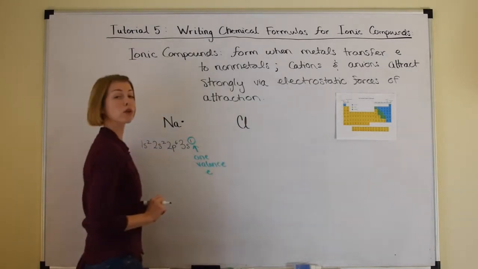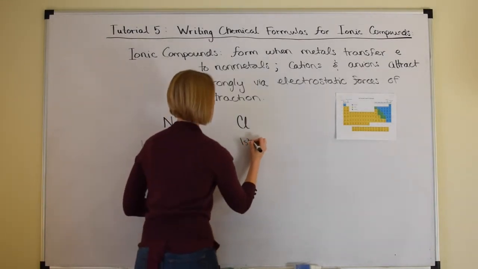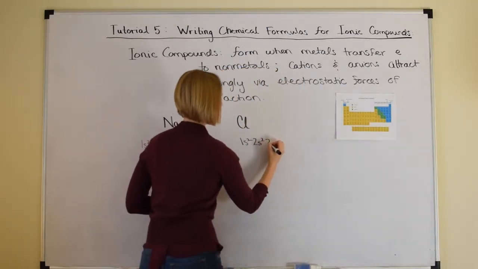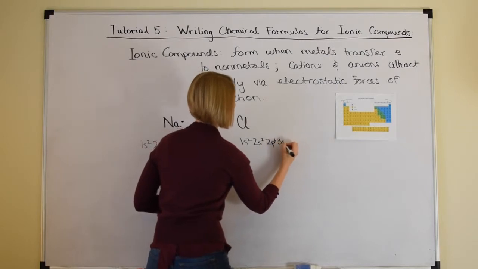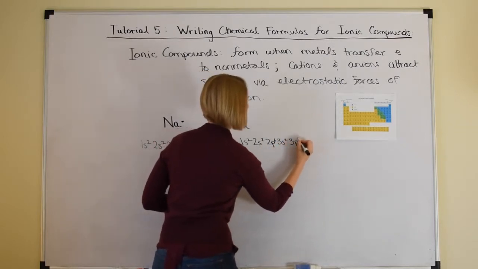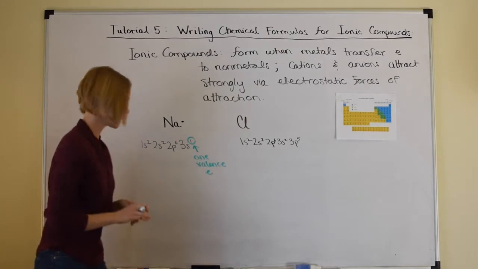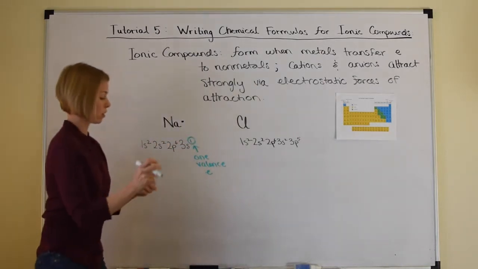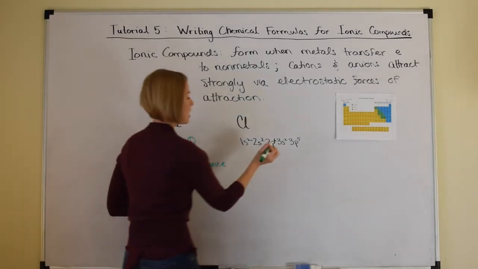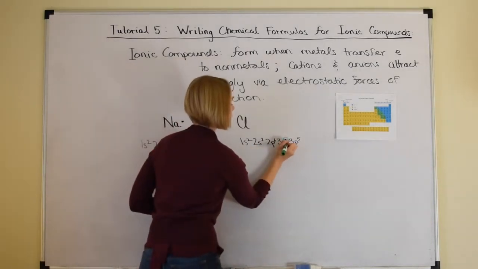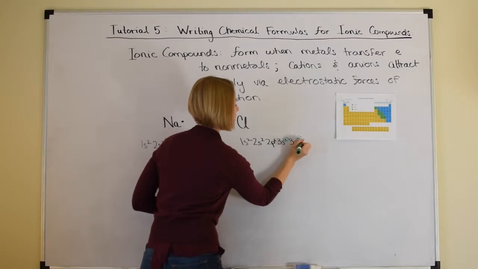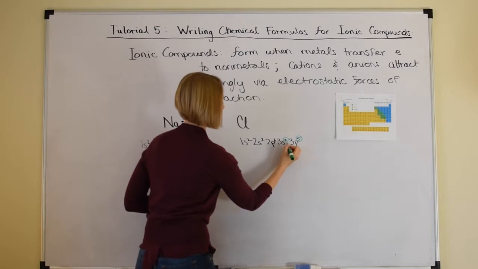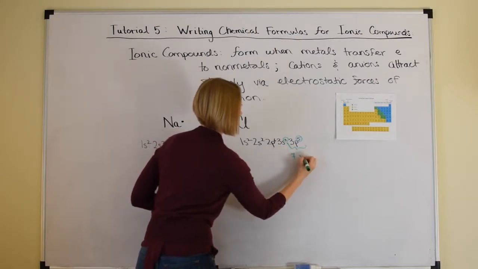All right, so let's do the same thing for chlorine. 1s2, so I'm counting all the way down to chlorine here. 2s2, 2p6, 3s2, 3p5. Okay, so now we can really see where those valence electrons are in a neutral chlorine atom. 2 in the s and 5 in the p of the outermost energy level, which is the 3rd, for a total of 7 valence electrons.